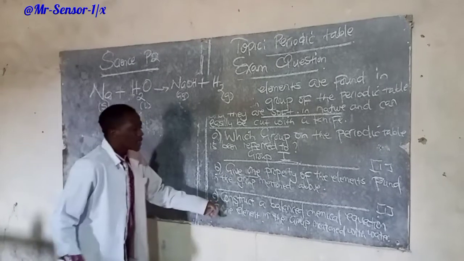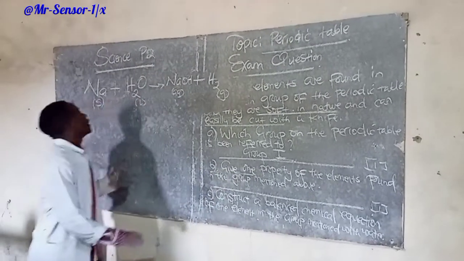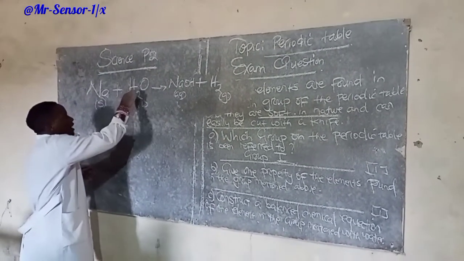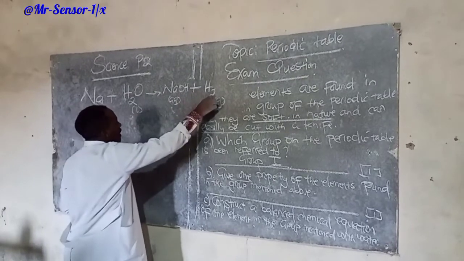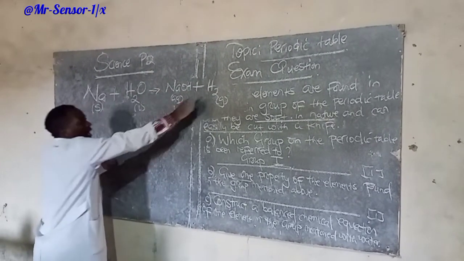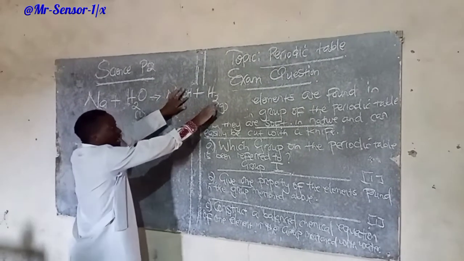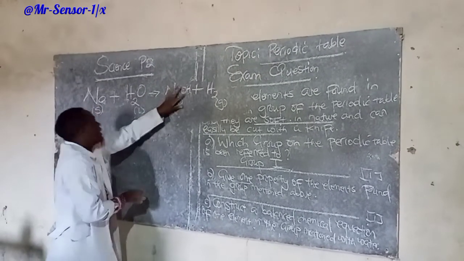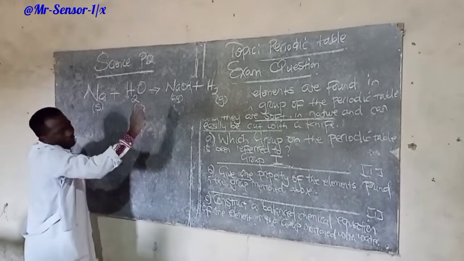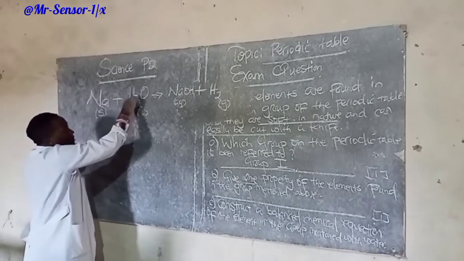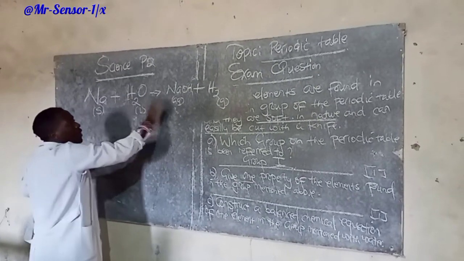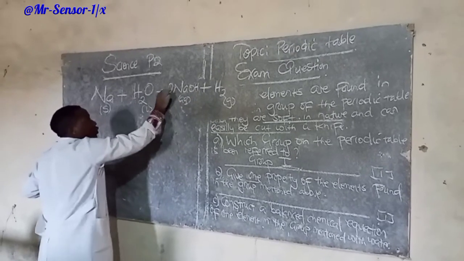Now, they said construct a balanced chemical equation. Hydrogen on the left has 2, plus the hydrogen in the water, which makes 3 atoms, because here there is a 1. On the right, this hydrogen appears once here, so it has 2 atoms. So we are going to put a 2 here.